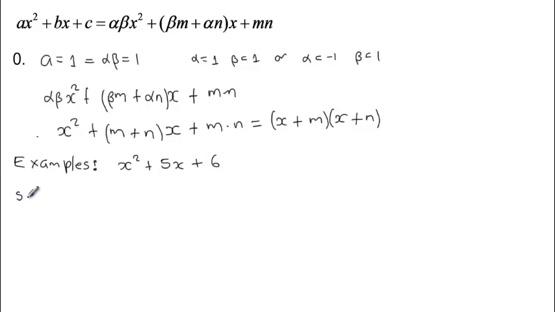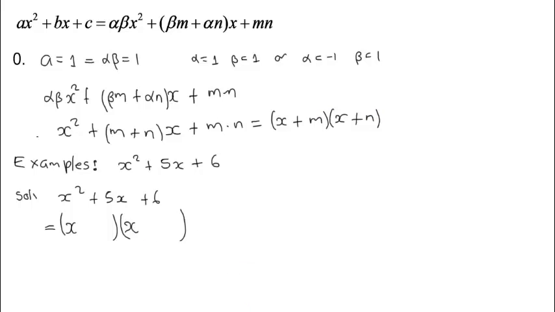Now, our solution here, we should present x squared plus 5x in terms of its factors. According to what is suggested here, we're going to have x here and x there. So our task is to find m and n.